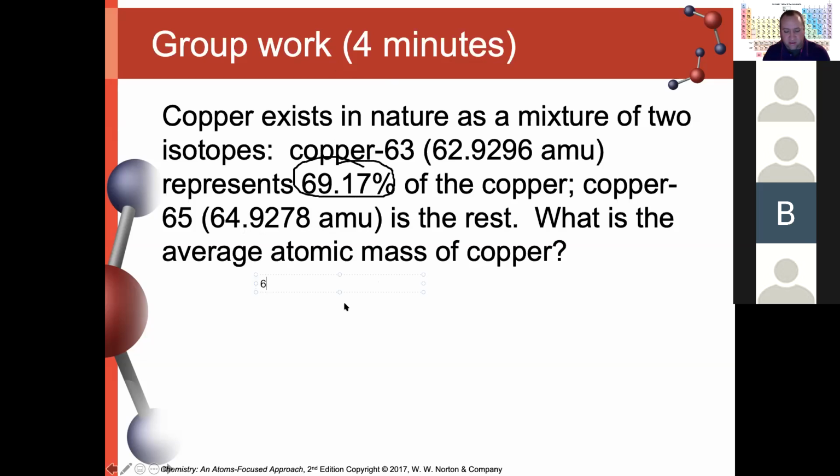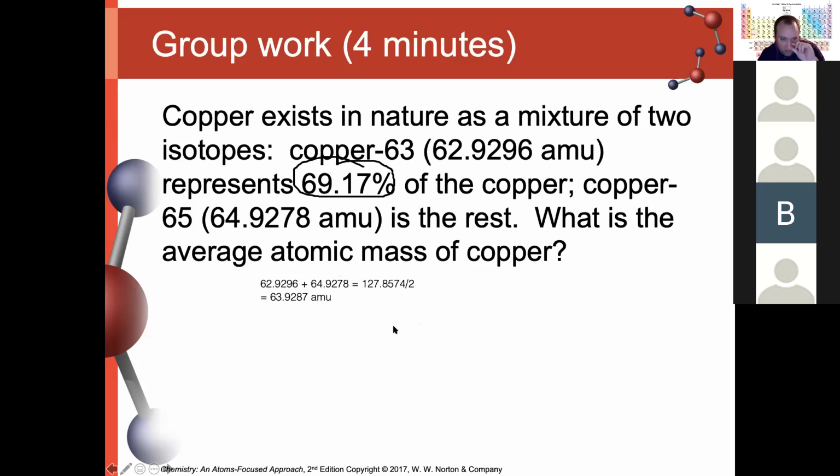After all, if I take 62.9296 plus 64.9278, I get 127.8574, which if I then divide by 2, gives 63.9287.